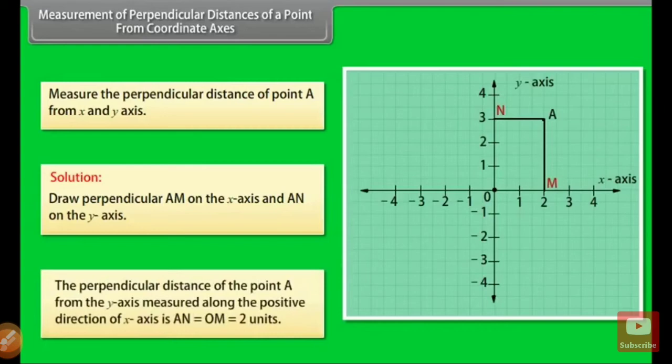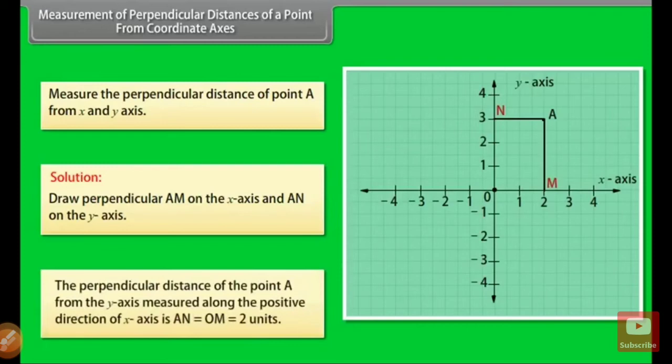Next, the perpendicular distance of the point A from the y-axis, measured along the direction of the x-axis, is AN equal to OM equal to 2 units. You can see on the screen, the distance of OM and the distance of AN will be equal.